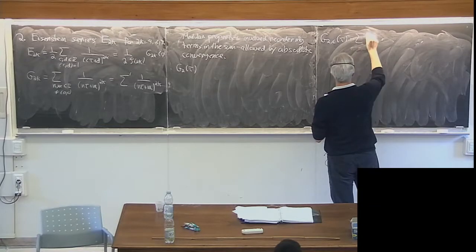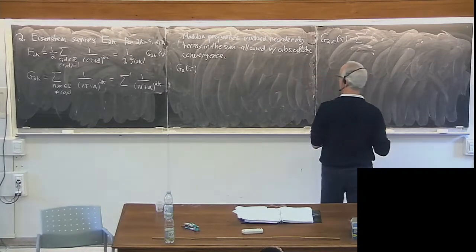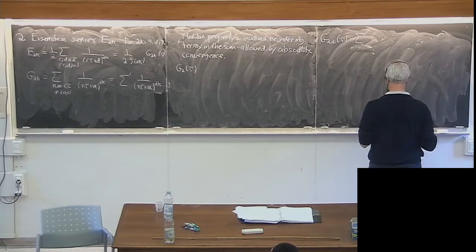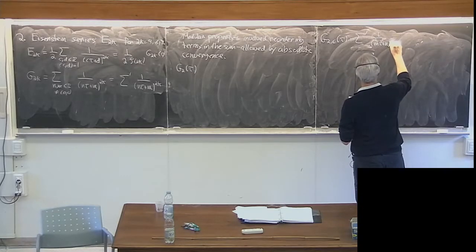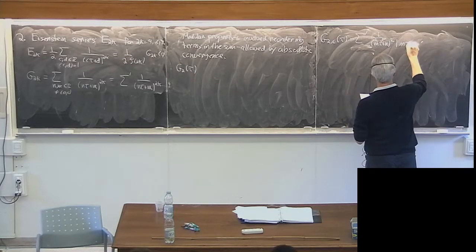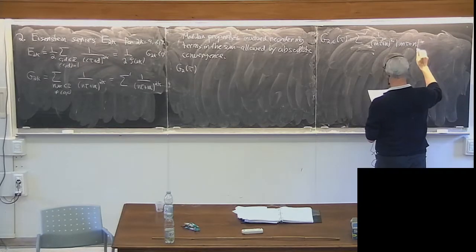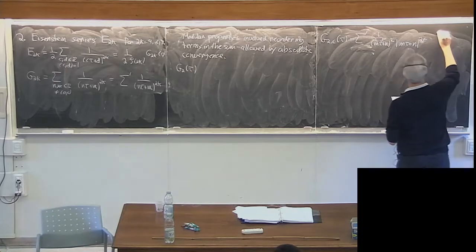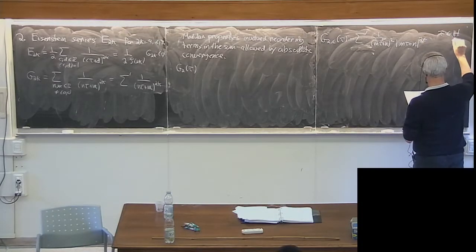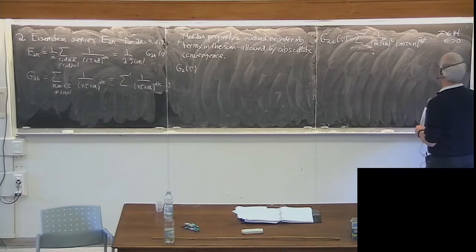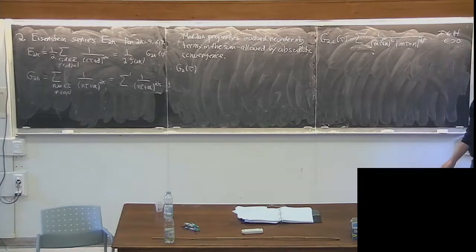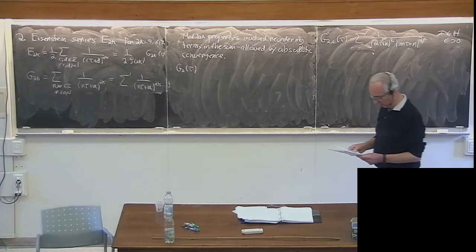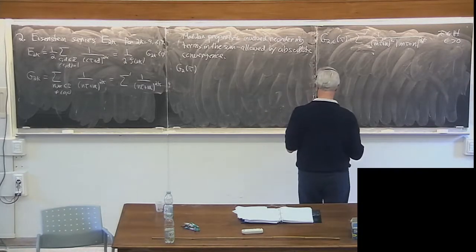Let me write this as sum prime, the sum over m and n not both equal to 0, of 1 over (m tau plus n) squared times the absolute value of (m tau plus n) to the 2 epsilon. So epsilon is some small positive quantity. Now, once I do that, this sum converges absolutely for any finite epsilon. And so we can now proceed.